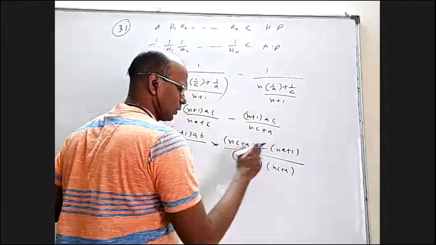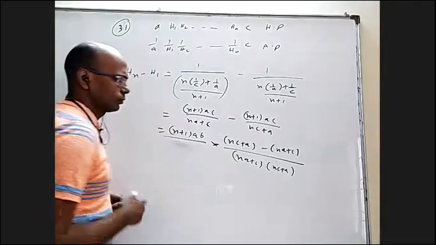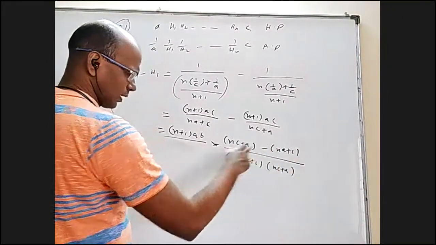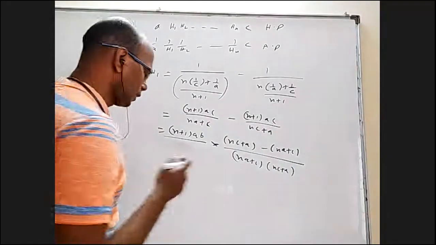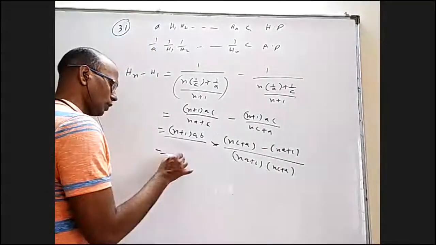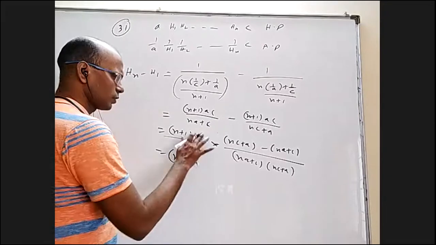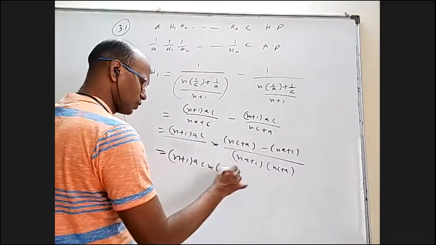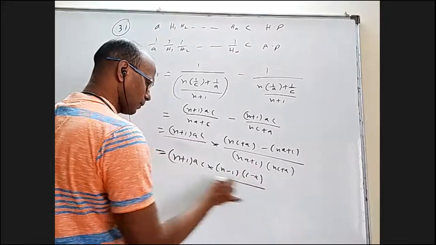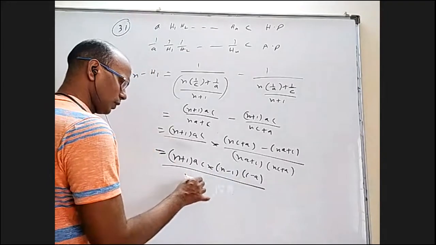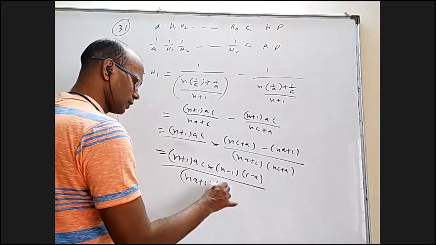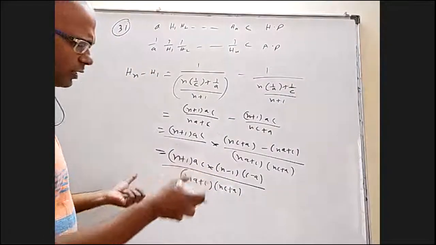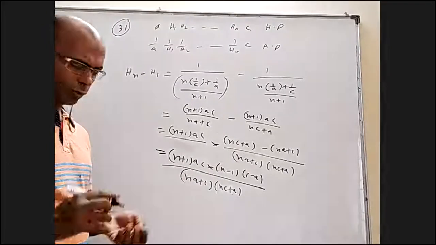NC minus C, n minus 1 AC will come. This is n minus 1 C, this is minus n minus 1 A, n minus 1 into C minus A. So n plus 1 into this also AC. This is n minus 1 into C minus A by Na plus C into NC plus C. They wanted us to prove, I think we cannot do anything much about it unless they gave some quadratic equation there.